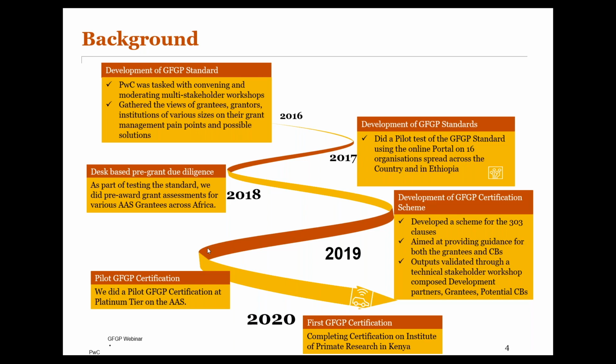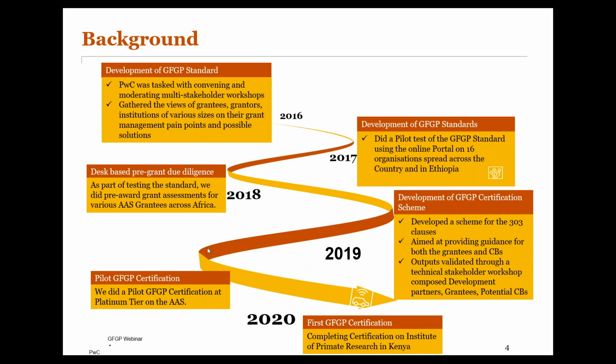So through that process, we came up with a scheme that has 303 clauses, which anybody conducting a certification of the GFGP will use as a standard guide, and that will help when grantees are experiencing the reviews by the certifying bodies, that they're going through a standardized process of review.